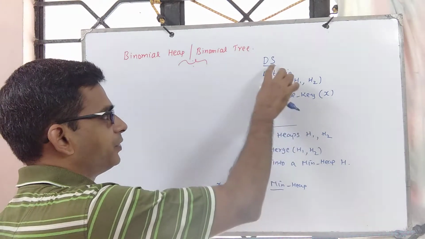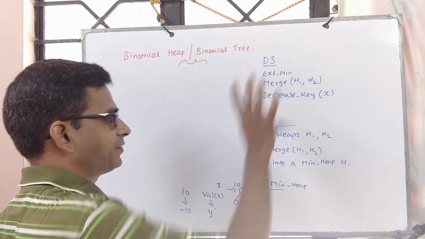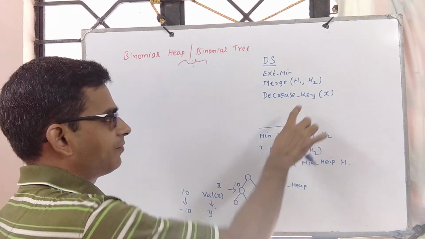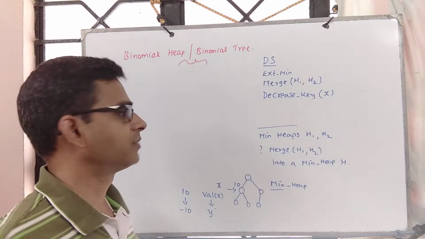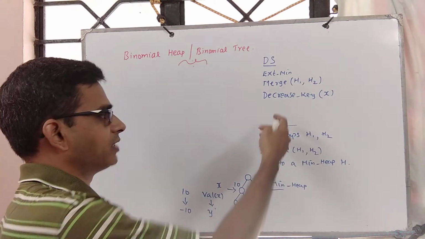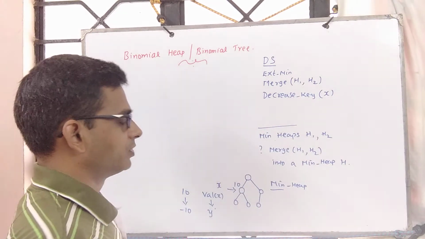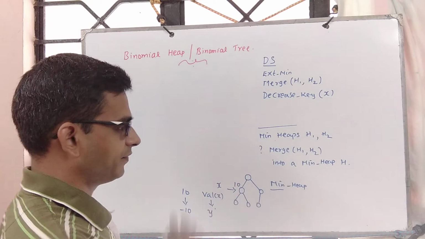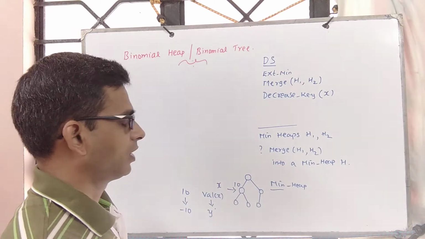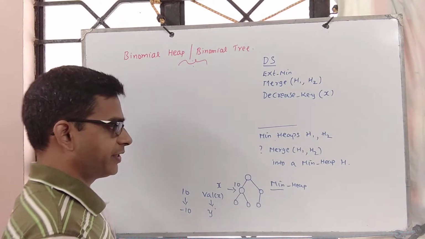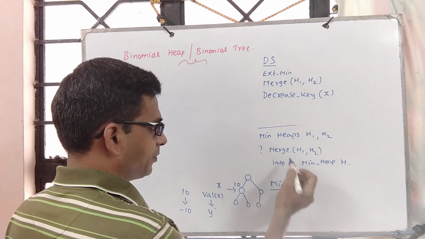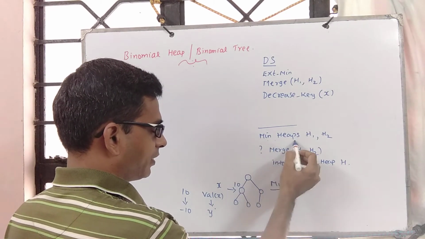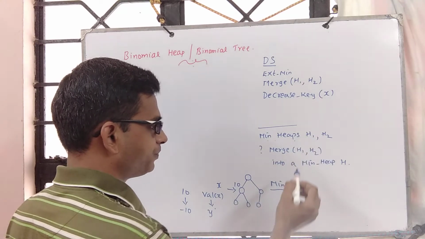So in general, you have a data structure satisfying some property P. After performing this, the resultant data structure must respect P. So how efficiently you can answer this? So the questions like this is what we are interested in. Now, as pointed out in the previous lecture, suppose let's assume you are given min heaps H1 and H2.